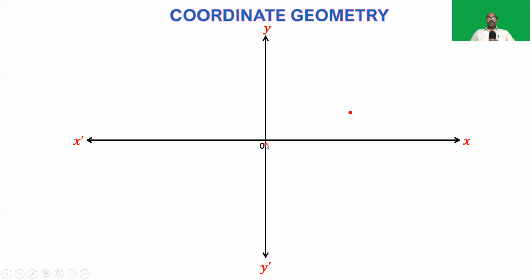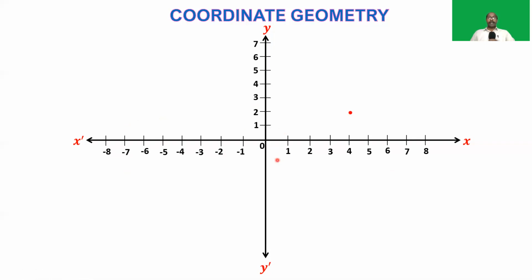Now, the x-axis on the right side of the origin is called positive x-axis, and the x-axis on the left side of the origin is called negative x-axis. Similarly, y-axis above the origin is called positive y-axis, and below the origin is called negative y-axis.